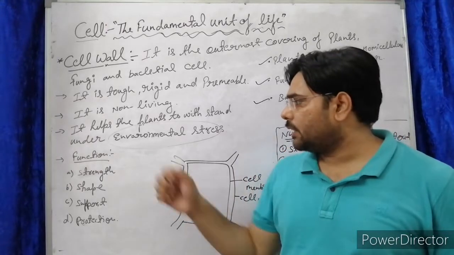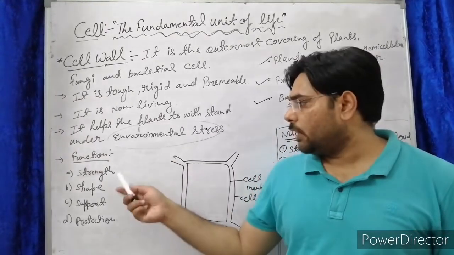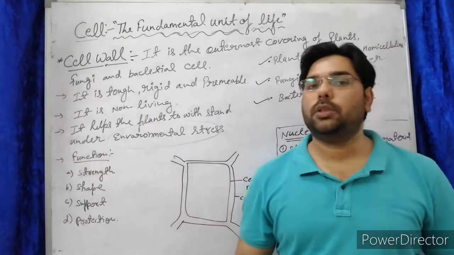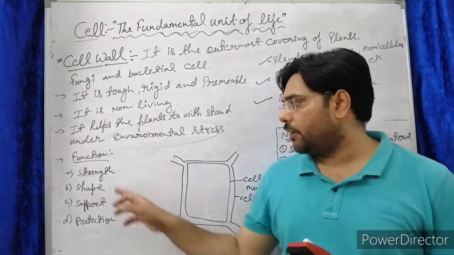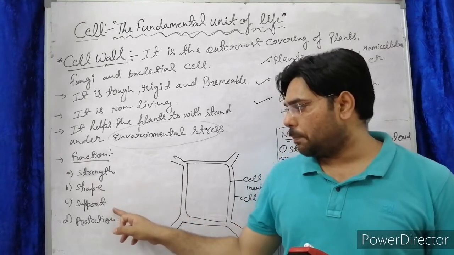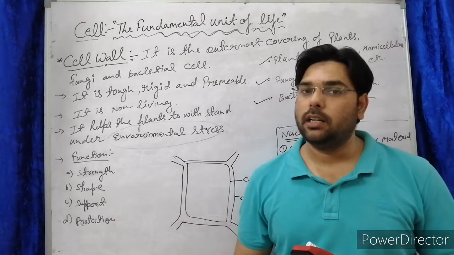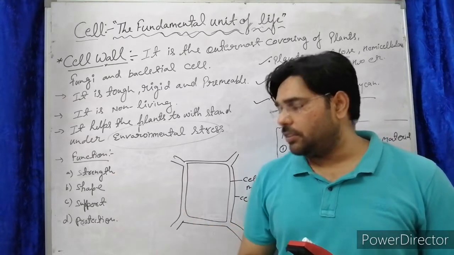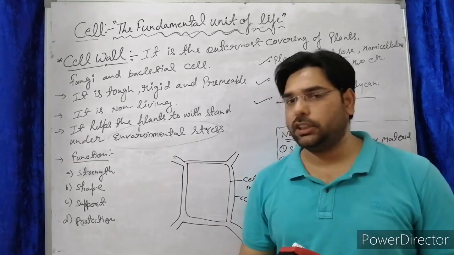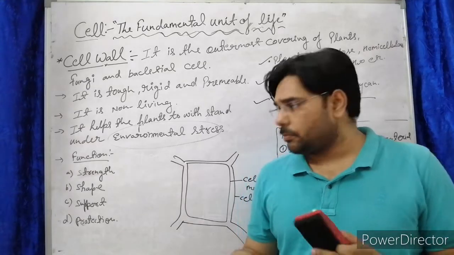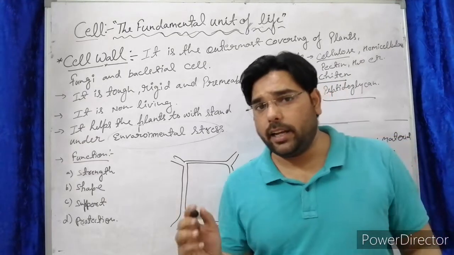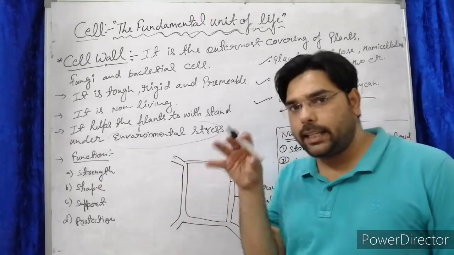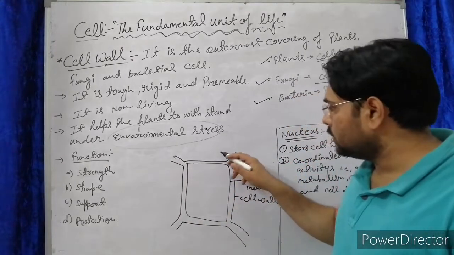So what is the function of cell wall? The cell wall gives strength, shape, support and protection to the plant cell. How does it do this? Suppose we put a plant cell in a hypotonic solution.